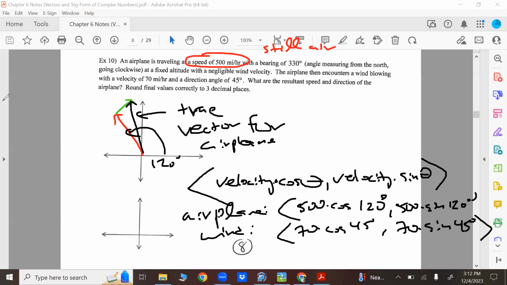And then here, theta will be the inverse tan of 482.510 over negative 200.503. So that one should be pretty easy. If I square that, add to the square of that, and root it, you should get 522.511 miles per hour.